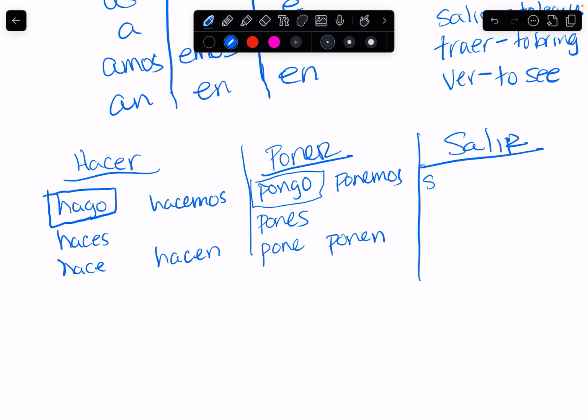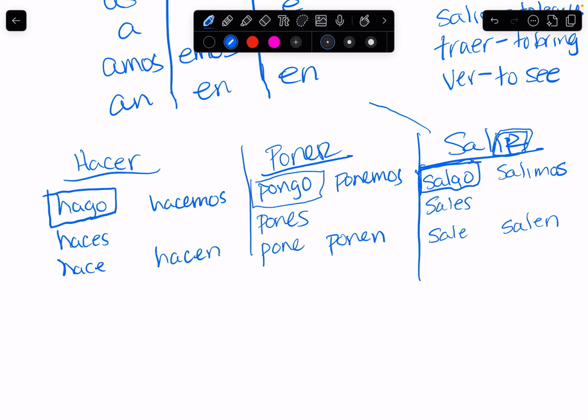We have salgo, which is your irregular verb, and then you have sales, sale, salimos, salen. So this is just taking off the IR ending and then adding the correct conjugation to the verb.